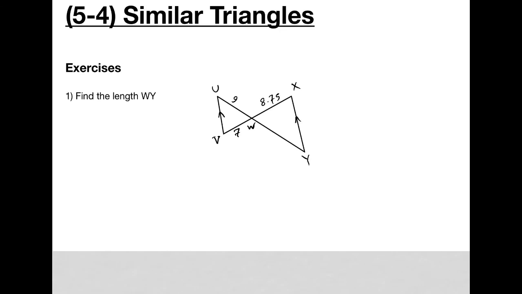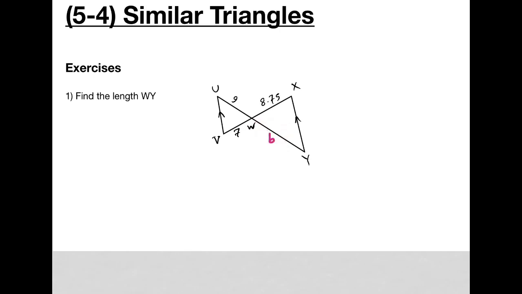So the first question is this one: find the length WY. WY is over here. So we're going to find the length of this side from this triangle on the right. Let's give some name to this side. Let's call this side, I don't know, little b.